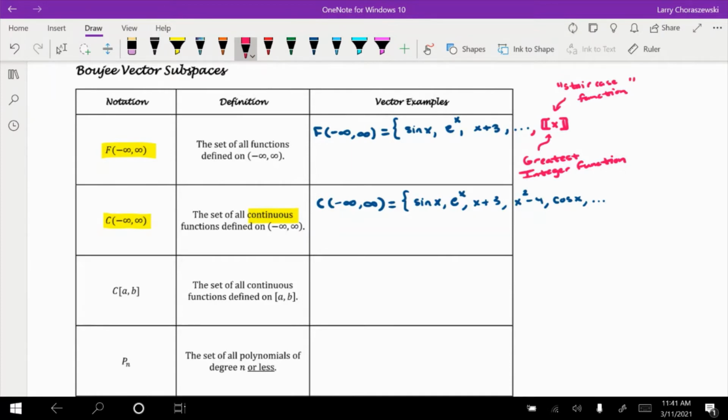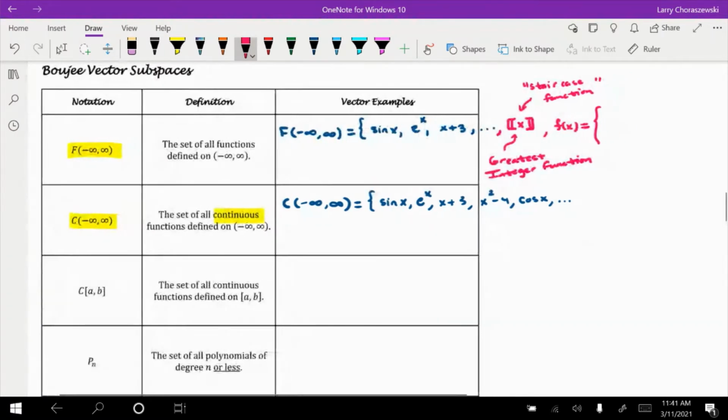Also in this set would be some piecewise defined functions, such as maybe f of x equals... And you've probably worked with piecewise defined functions before. I'm going to just create a random one here. A piecewise defined function with two rules.